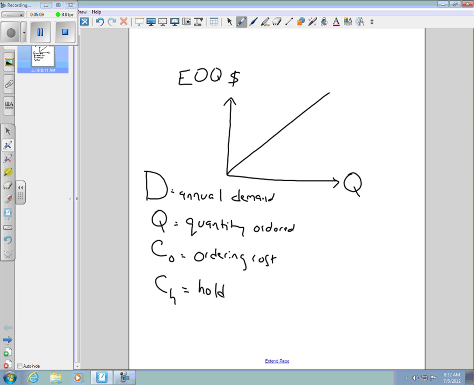So depending on the item, the holding cost for an automobile is more than the holding cost for, say, a can of beans. But holding cost incorporates opportunity costs. So if we have an automobile sit on a parking lot for a year, that automobile is a $20,000 car, and we're paying 6% interest to own that, then the holding cost would incorporate that interest.